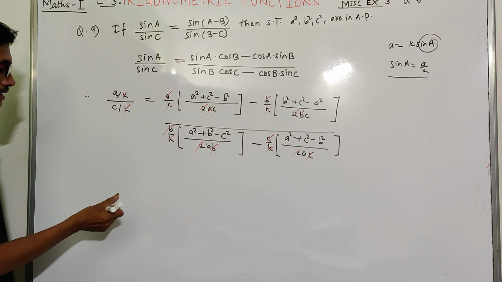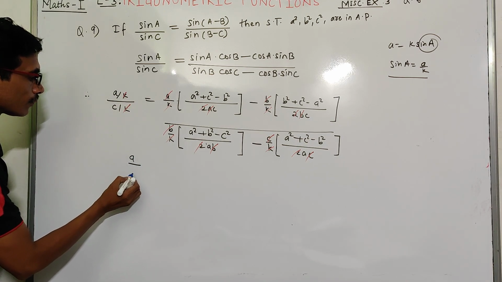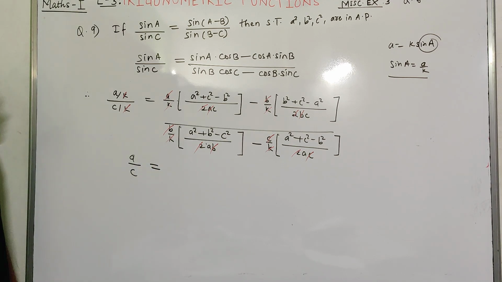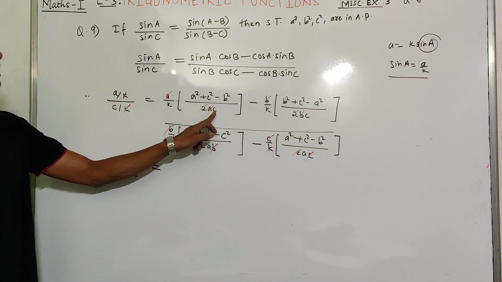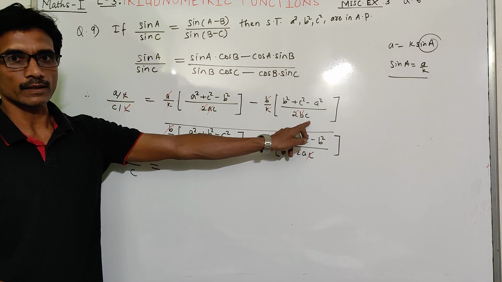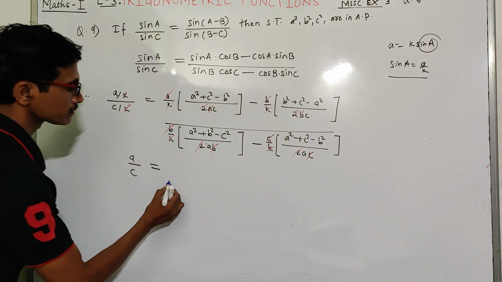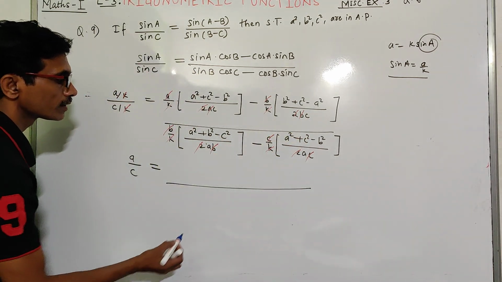What is our left hand side? It is a upon c. The right hand side is, c is left here in denominator. Here also in denominator c is left. So that denominator is c here.